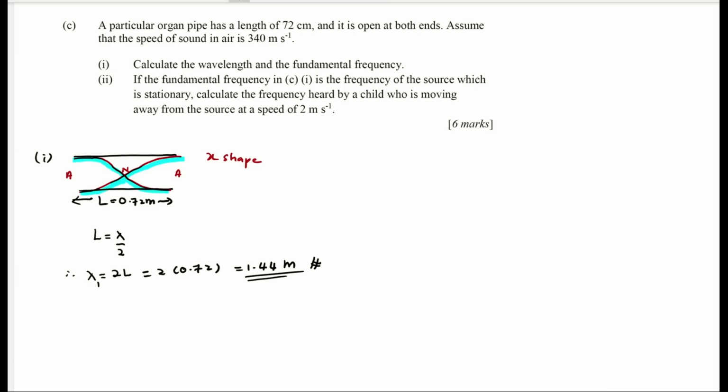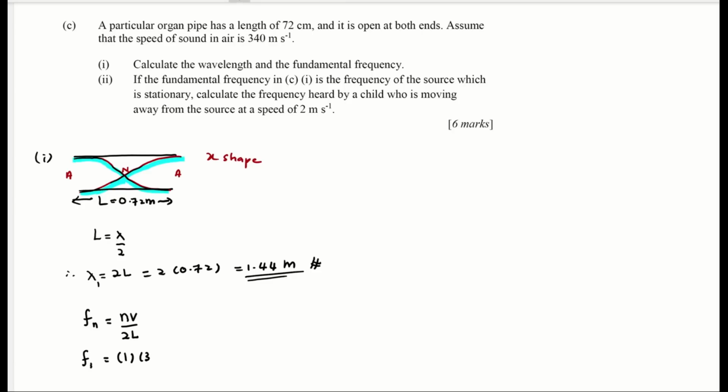And then we want to calculate the fundamental frequency. So you must remember the equation given at the front, Fn is equal to Nv over 2L. So you want to find the fundamental frequency, right? So it should be F1. N is the number of the harmonics, so fundamental frequency means the first harmonic.